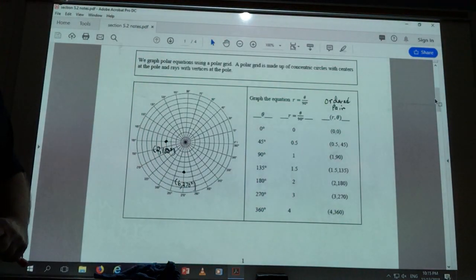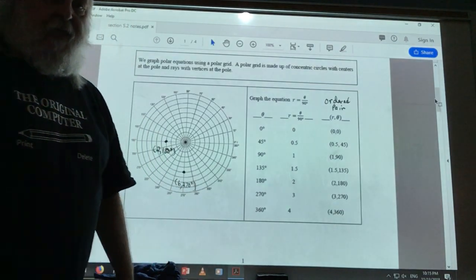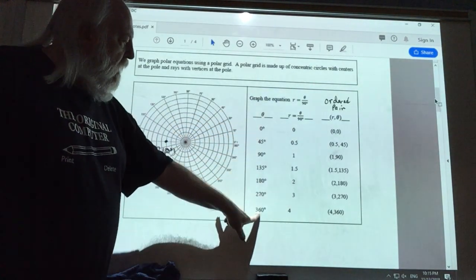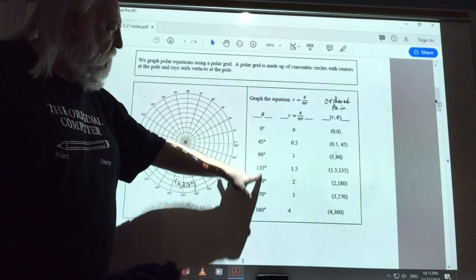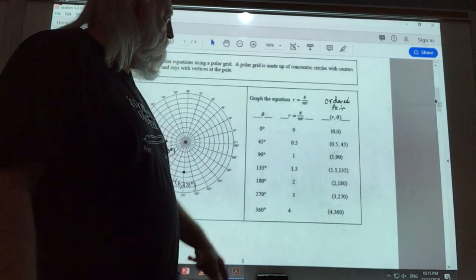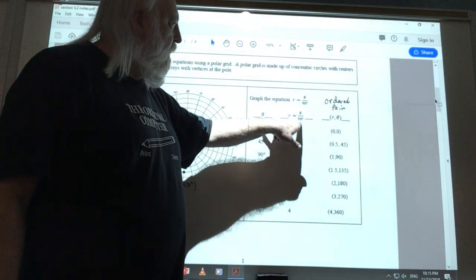Now let's graph the polar equation r equals theta divided by 90 degrees. In my table, the first column has some values of theta, and the second column has the corresponding values of r, each theta divided by 90 degrees.